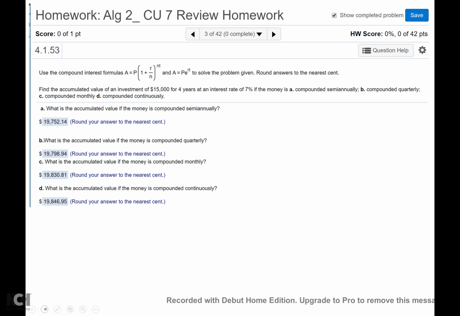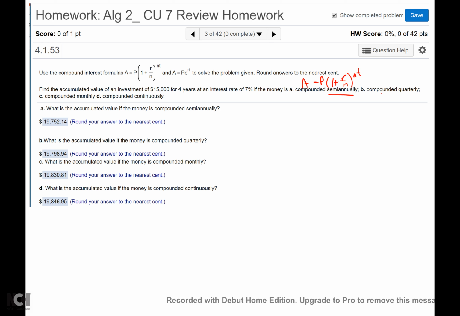Number 3 says use the compound interest formulas A per naught and A per to solve the problem given. Round answers to the nearest cent. Find the accumulated value of an investment of $15,000 for 4 years at an interest rate of 7% if the money is A, compounded semi-annually. That would mean I'm using A per naught, 1 plus r over n to the nt.